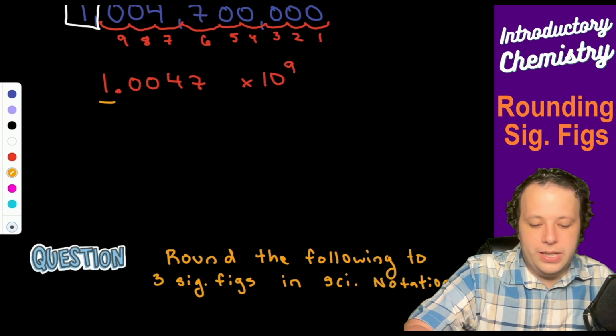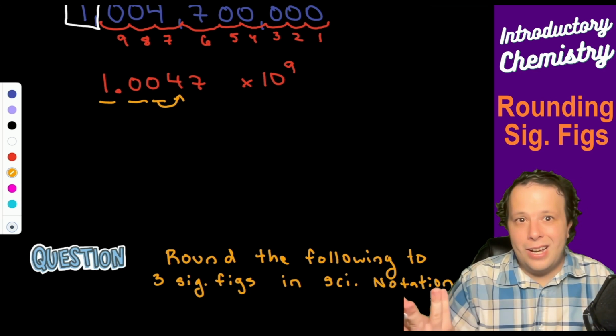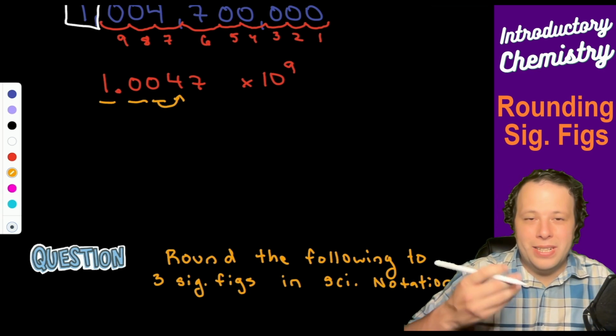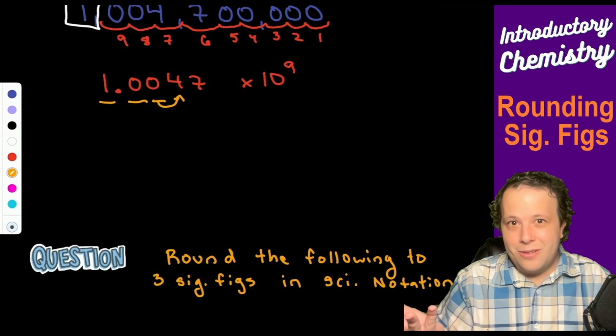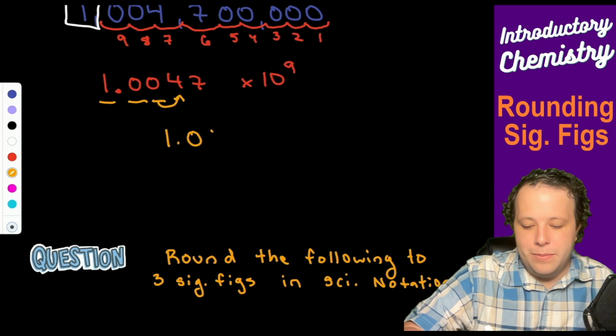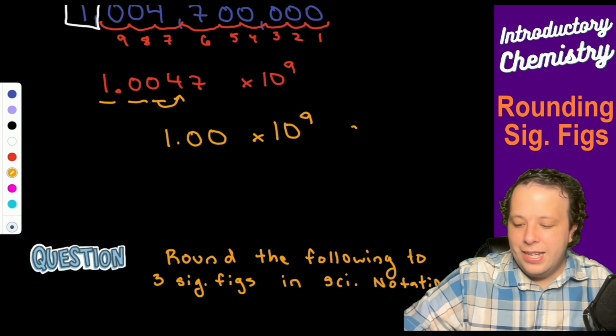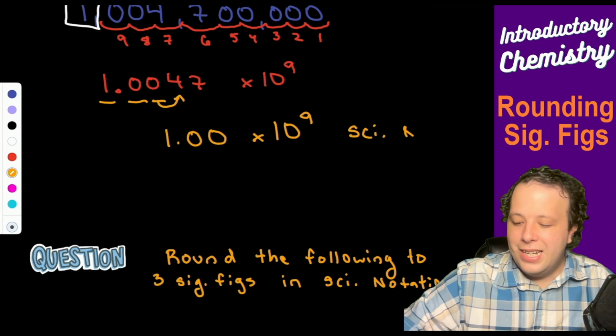Well, we count 1, 2, 3. We look over just like we did in the rounding video, and we can see that to the right of that last 0 is a 4. So we round down. This number turns out to be 1.00 times 10 to the 9th in scientific notation.